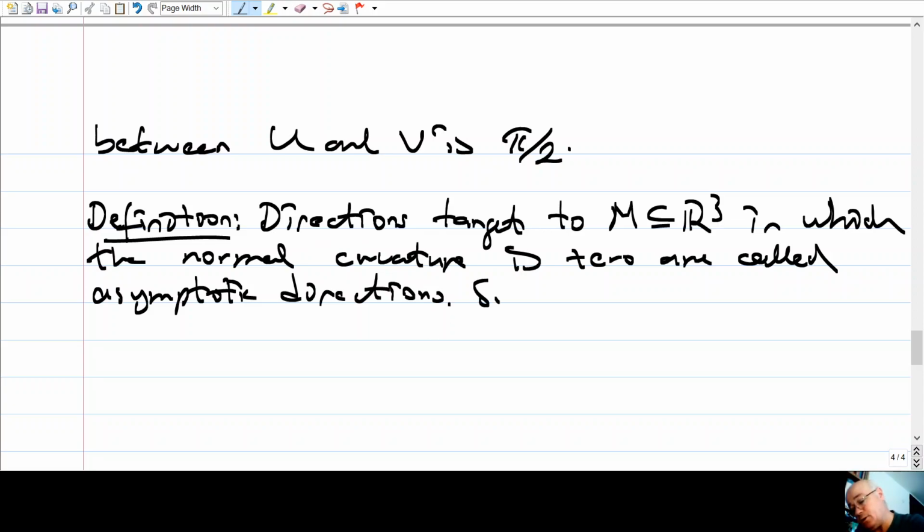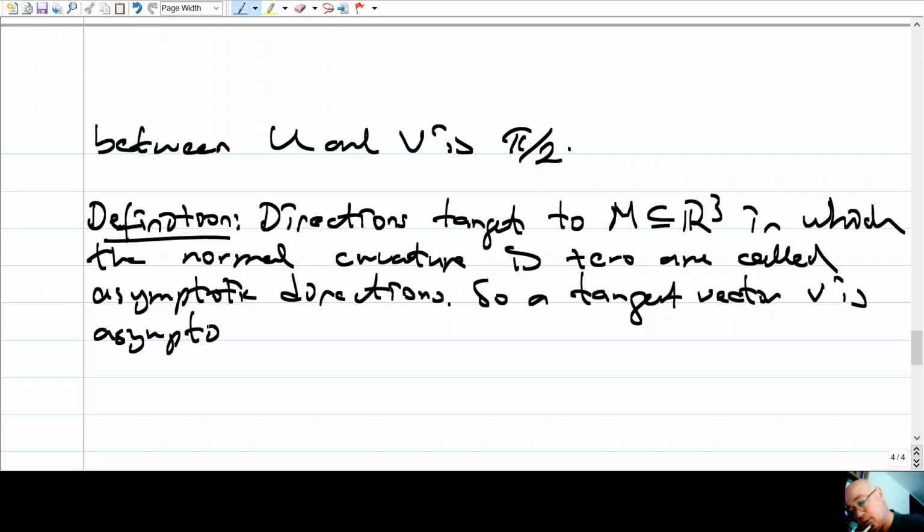So a tangent vector V is asymptotic if the normal curvature, which is SV dot V, is 0.